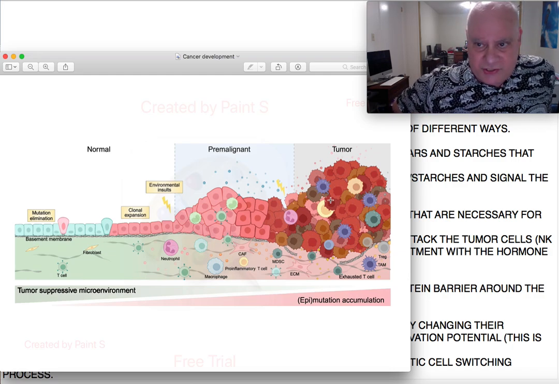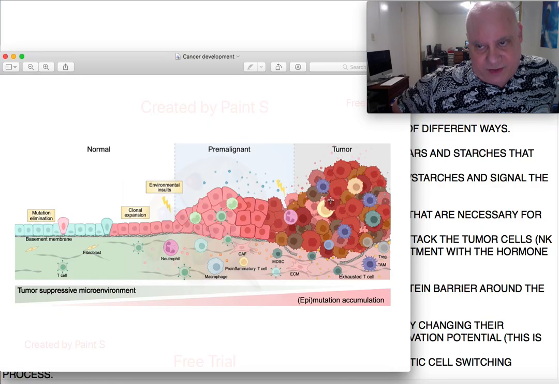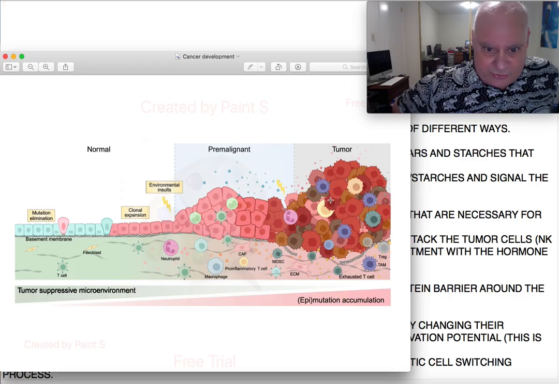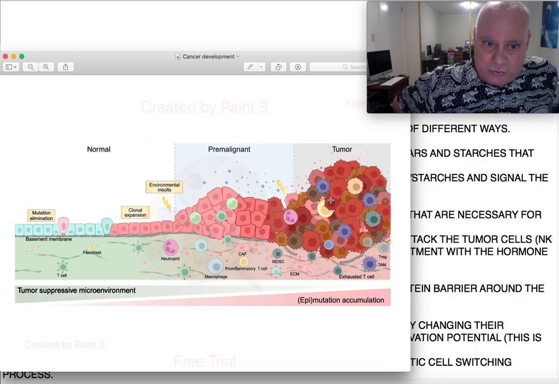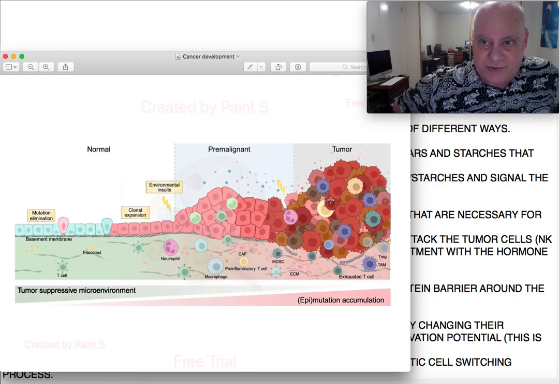But all of those changes are necessary before a regular cell turns into a cancer cell. So you need mutations in at least 4 different genes or pathways that are critical to stopping the development of cancer. All of your cells have these genes that normally will stop the development of cancer, and if they all fail, then the immune system will stop the development of cancer.